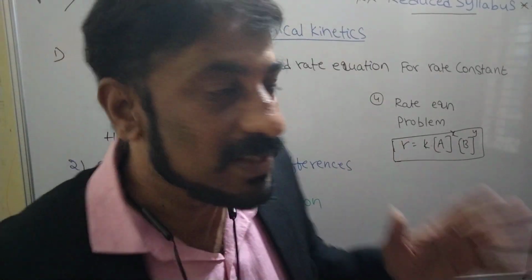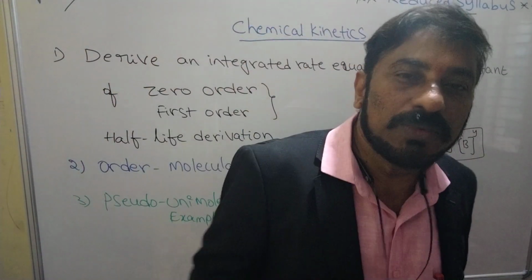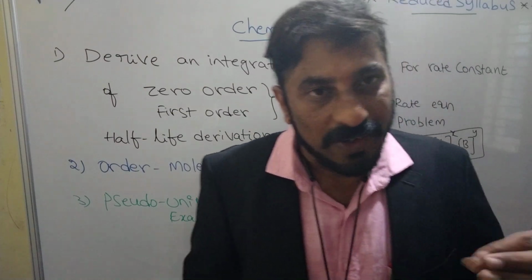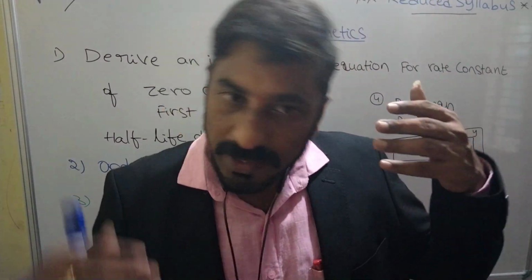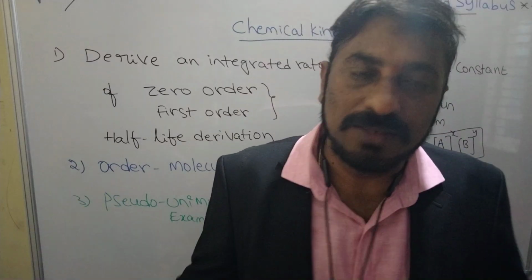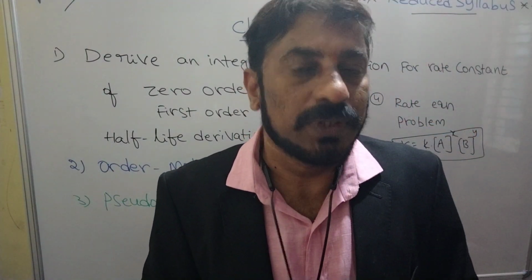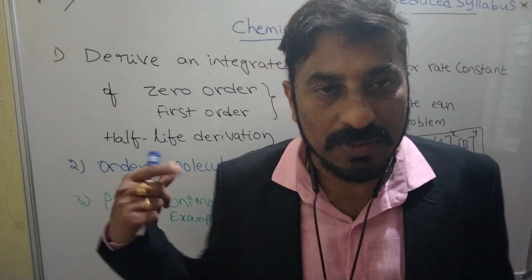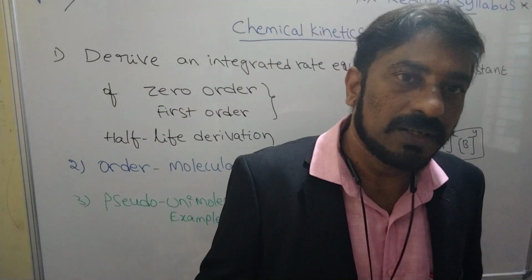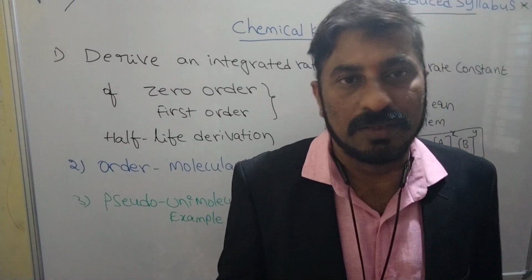If you practice these, you will get 5 plus 2 plus 1, so 8 out of 8 maximum, or 5 marks surely. Practice these questions and try to get the 5 marks question easily.